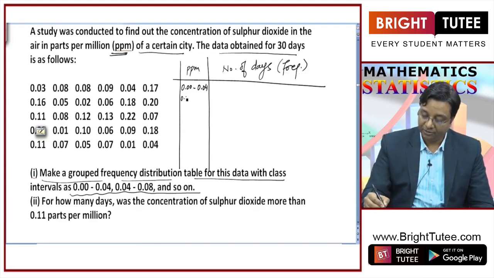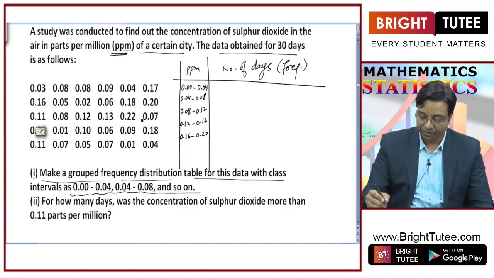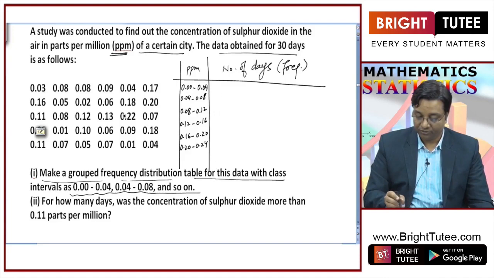Another class will be 0.04 to 0.08, 0.08 to 0.12, 0.12 to 0.16, and 0.16 to 0.20. Is there any number which is above 0.20? Yes. So 0.20 to 0.24. Do we require more than 0.24 also?